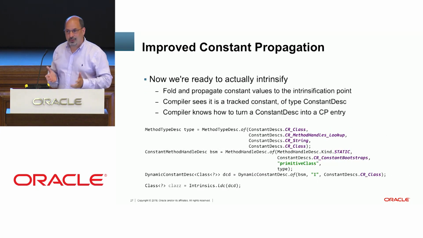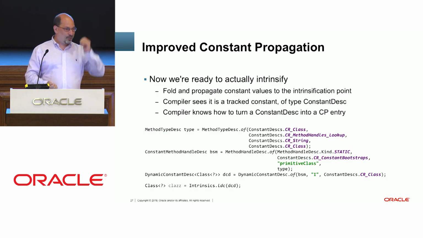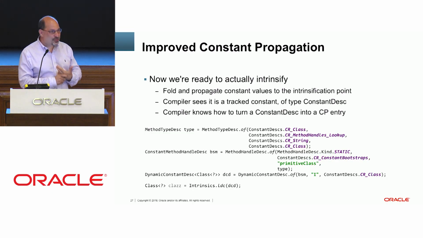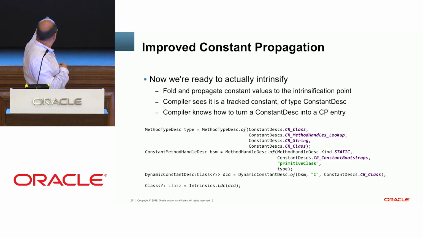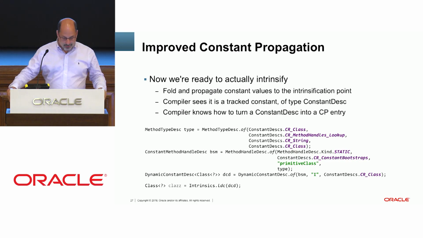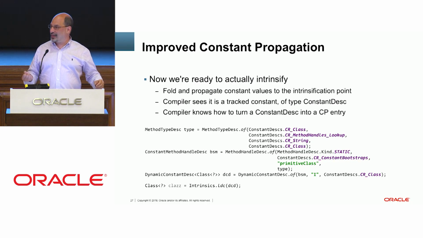So now we're actually ready to do the thing that Charlie wants, which is to intrinsify this LDC to an LDC. So we do all of our constant folding and propagation to push all the constants to that intrinsification point. The compiler sees that the thing at the bottom is a tracked constant, and it's of type constant desc, and it's actually evaluated it at compile time, so it has its hands on one of those.